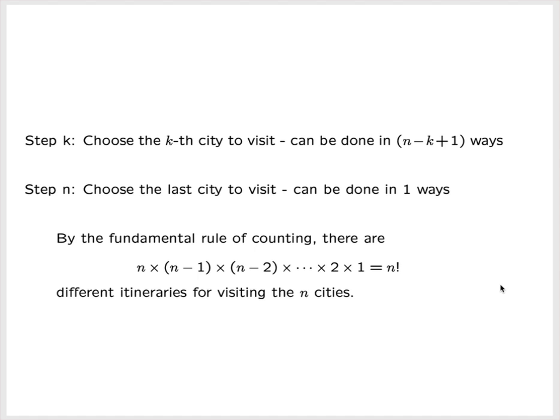So even if you're using a computer, and you plugged in the distances between each pair of the n cities, even if you're doing a search amongst all the itineraries to find that itinerary that has the minimum distance traveled, it can be quite difficult to do. In fact, it's not hard to come up with a problem where you can't actually solve it with a computer by enumerating all the different itineraries because the number is just too big.